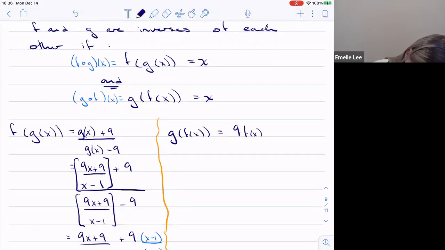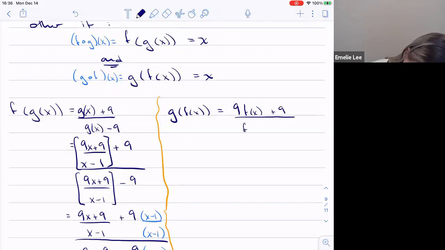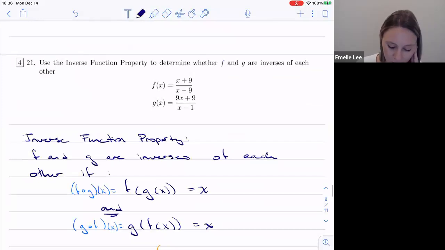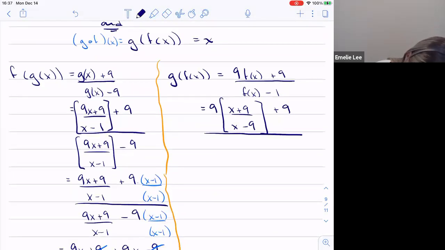9 times f of x plus 9 over f of x minus 1, which is 9 times, and then f of x is x plus 9 over x minus 9, plus 9 over f of x, which is x plus 9 over x minus 9 minus 1.